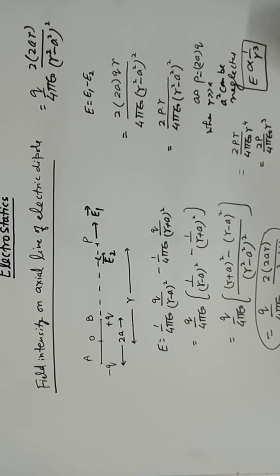The electric field intensity due to the dipole at the point P is directly proportional to 1 upon the cube of the distance at which we are going to find the electric field intensity.